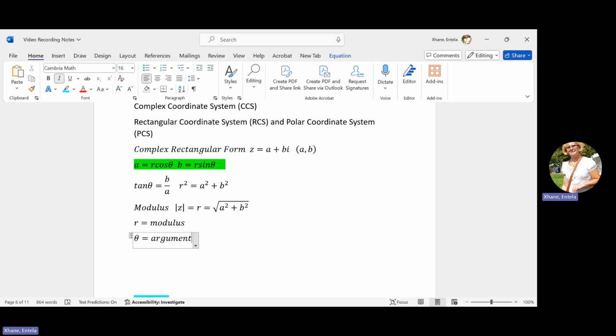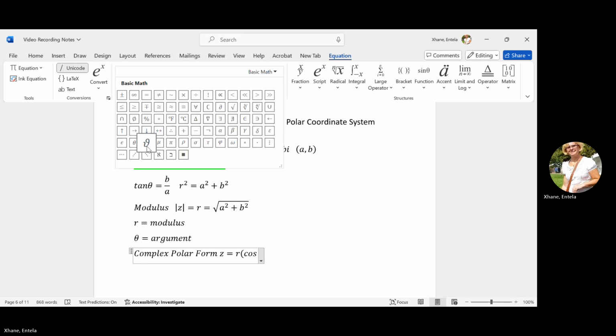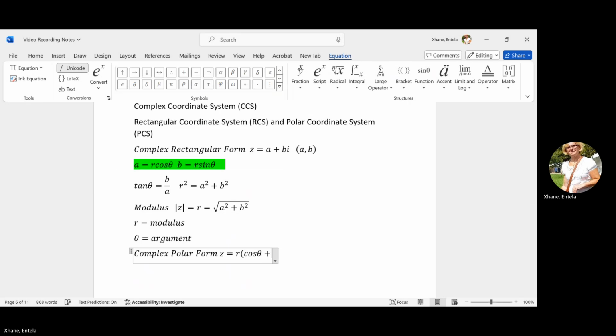So this brings us to, we just introduced the complex rectangular form. Then what is the complex polar form? From the complex rectangular form to the complex polar form. The complex polar form is defined by Z being equal to R times cosine of theta plus i sine of theta.